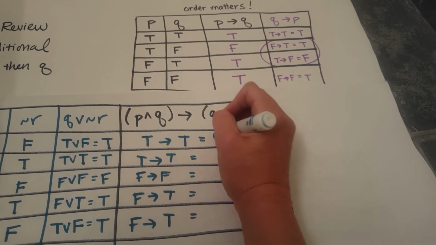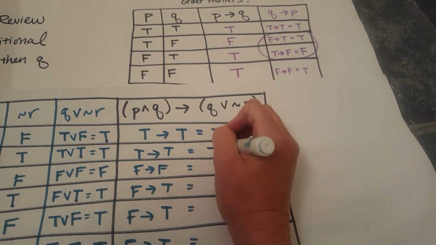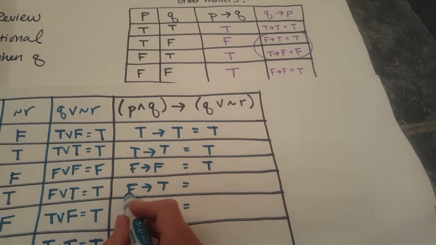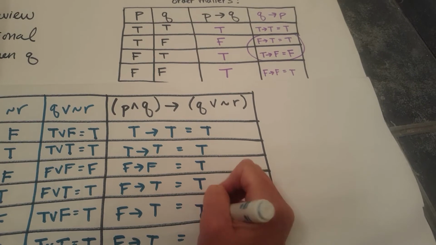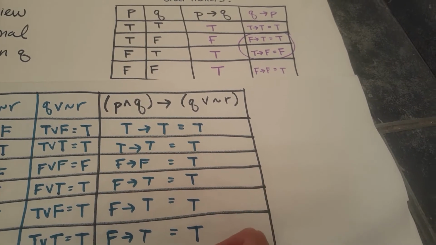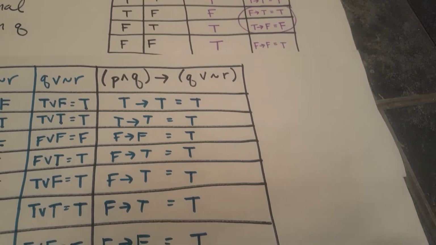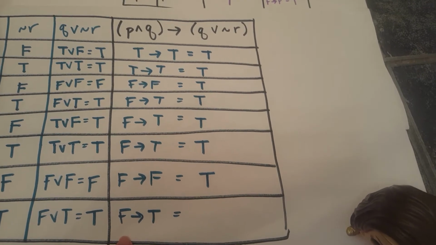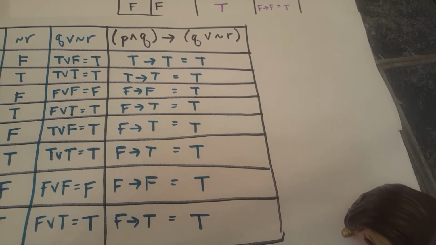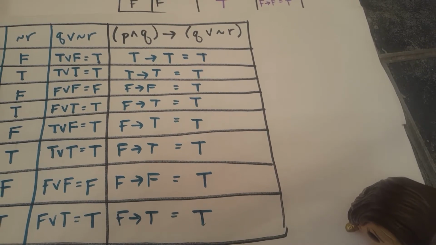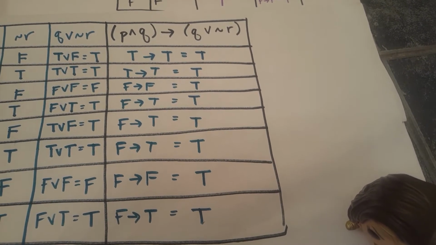Let's see how we do. True, true, true. If I lead with the false and then a true, it's true, true, true, true. Only this last one is also a true. Oh my gosh, they were all true. I don't know if I've ever seen a table where it's all true. I wonder if I screwed up somewhere. I hope I didn't.